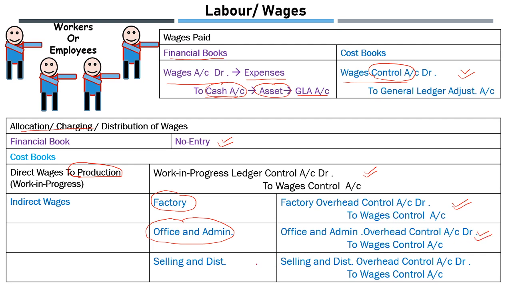And in case of the selling department, our entry of charging wages is selling and distribution overhead control account debit to wages control account. So for the charging of overheads or wages, we credit the wages control account and debit the department from where we charge, or in which the workers are employed or worked. So these are the expense entries related with wages or labor.